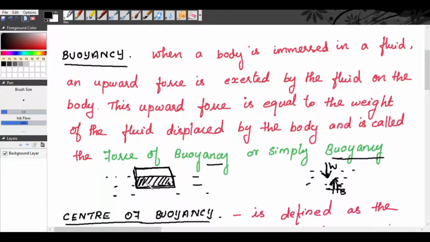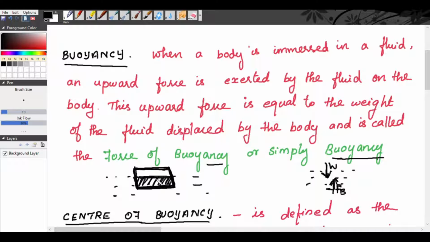The weight of the water displaced will be equal to the weight of the object. So your weight of the body will be equal to the weight of the water displaced.